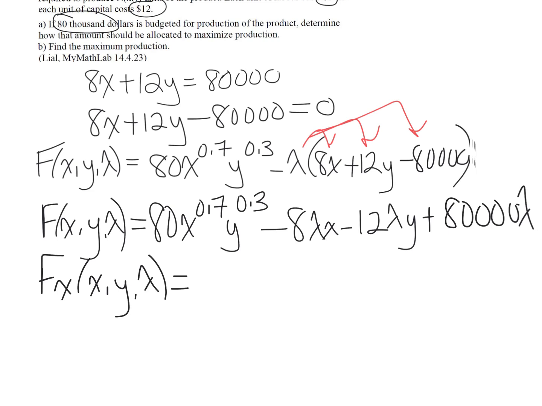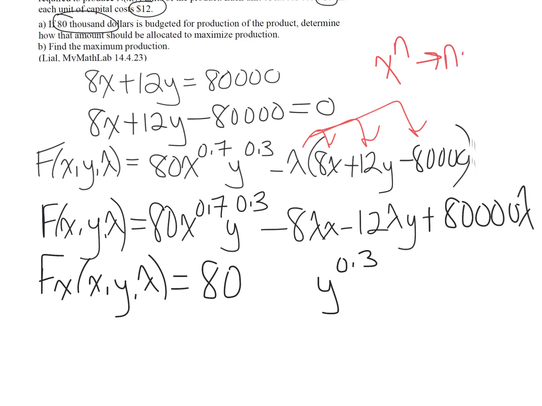Okay, so if we look at this 80x to the 0.7, y to the 0.3, that is one polynomial, right? It's not separated by an addition or subtraction. So when we're looking for the derivative with respect to x, we consider y and lambda the constant. So we have 80, we have y to the 0.3, and then we have 0.7. So remember, we're looking at this type of x to the n.